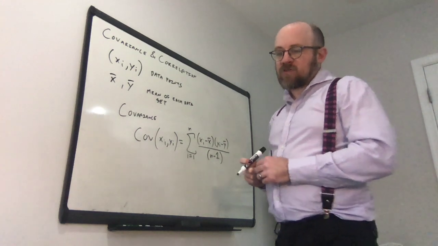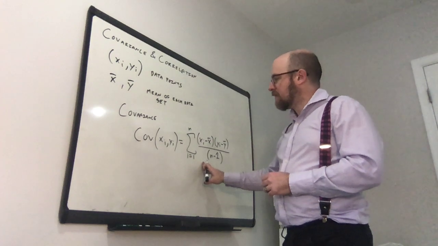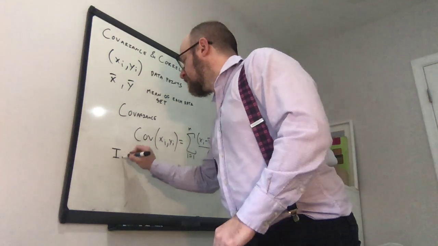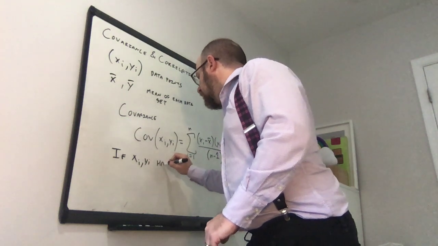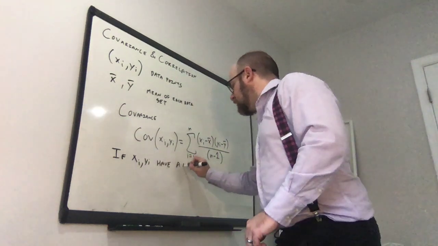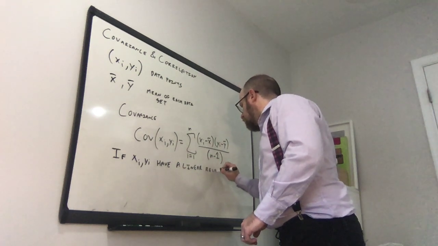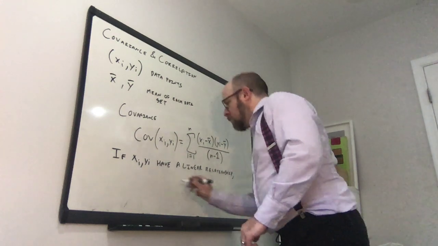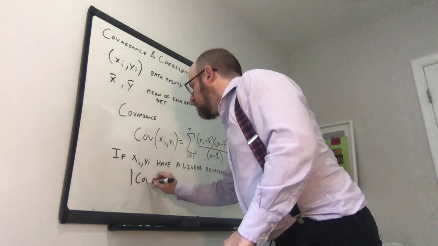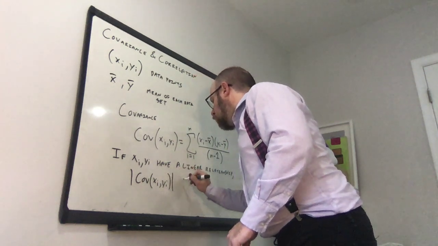The idea of covariance is that if xi and yi have a linear relationship, the absolute value of covariance will be large.